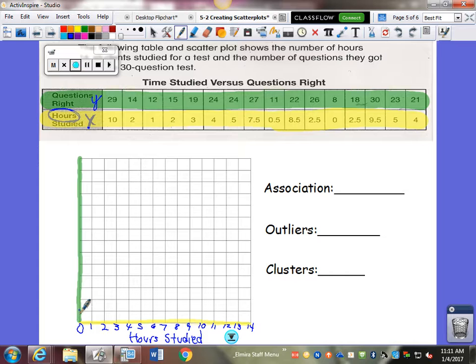So we can count by threes. And that represents questions right.